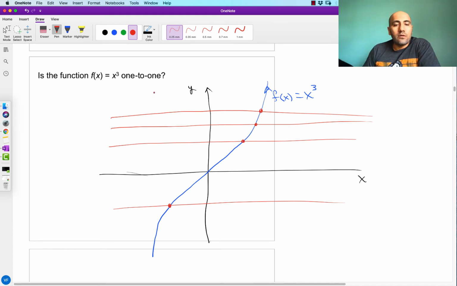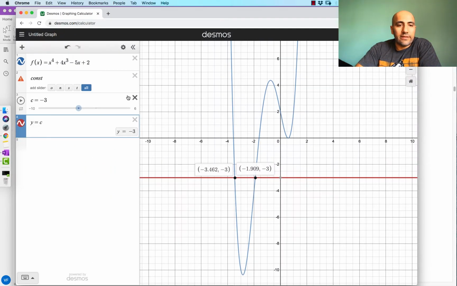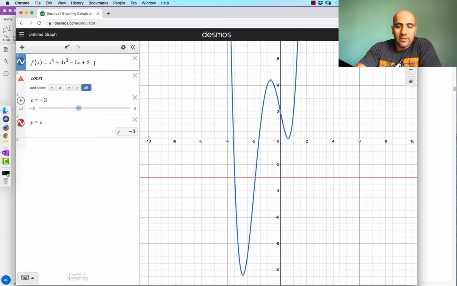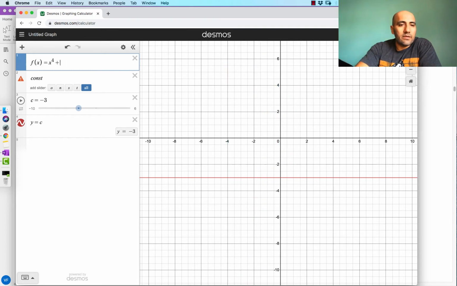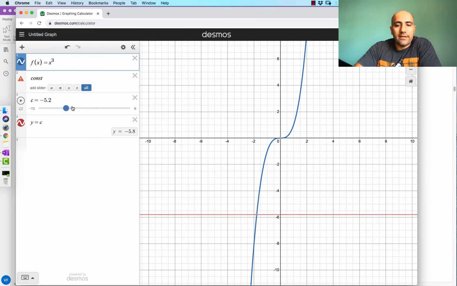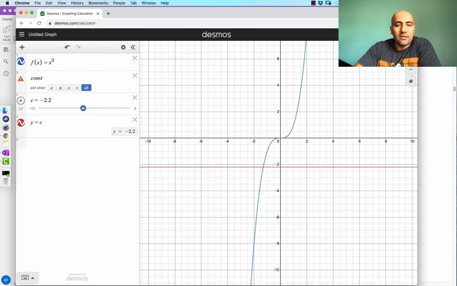Therefore, we've shown by the horizontal line test that this function is 1-to-1. Desmos will do a better job of illustrating that. So let's make this extra simple. This is just going to be x to the third power. Looks like that. And as we sweep our line up and down, we see that it never touches at more than one spot.